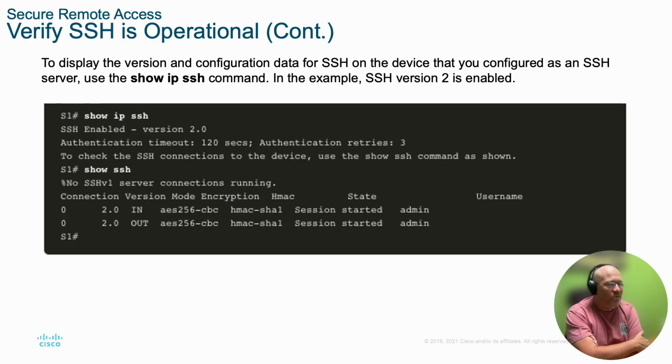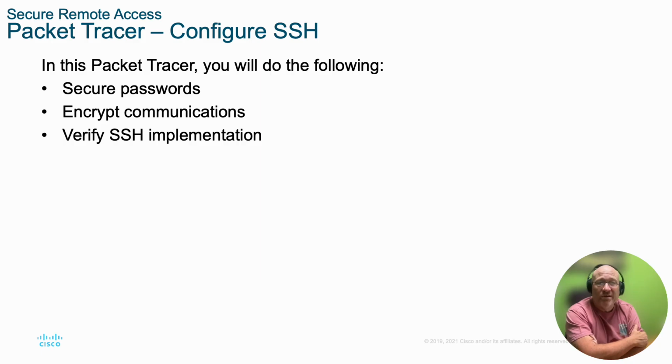And we'll be asking you on one of our day schools to actually set up SSH as one of the final steps. So we highly recommend that you carry out the practice activity here in Packet Tracer to actually set up and configure SSH.